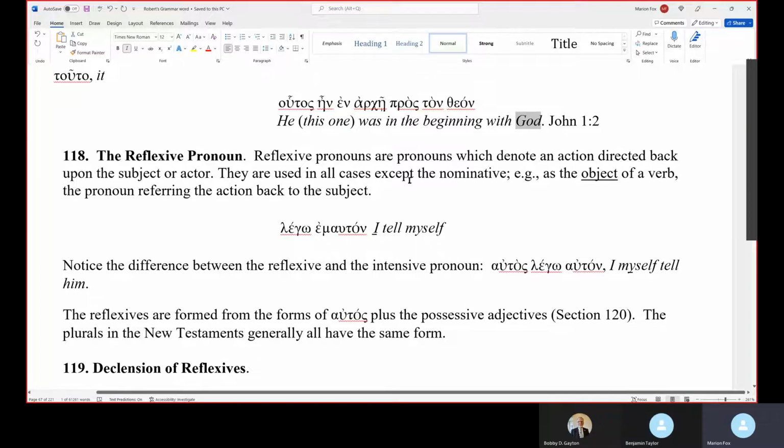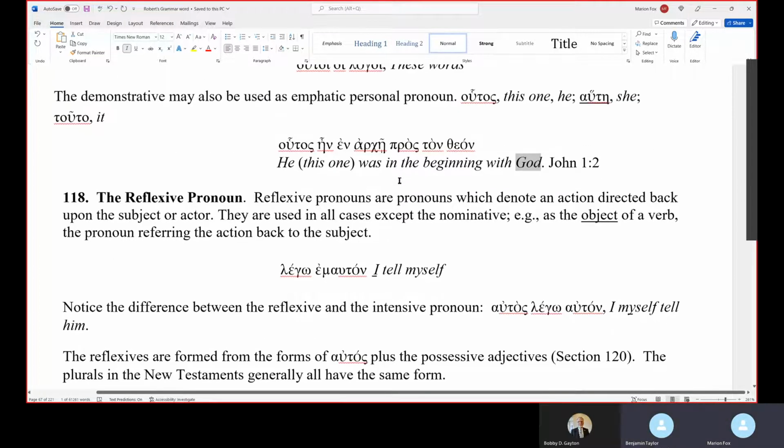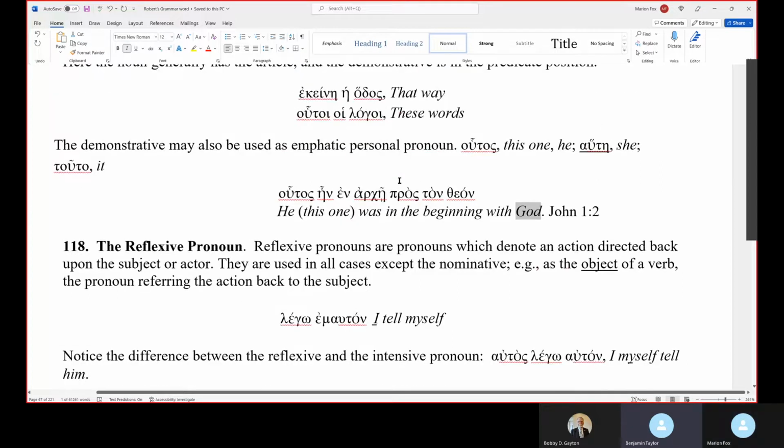Sorry, brother, one question if you don't mind. Oh, go ahead. So why not use autos instead of hutos there in that example? He could have, but he chose to refer back to verse 1, the one he was talking about in verse 1 with that word. I see. So it links back to the one in verse 1 very, very definitely.